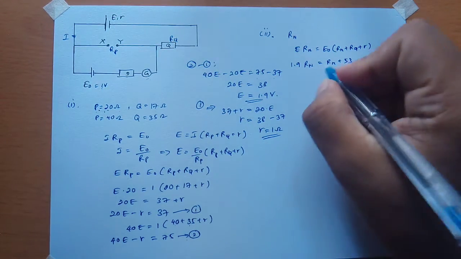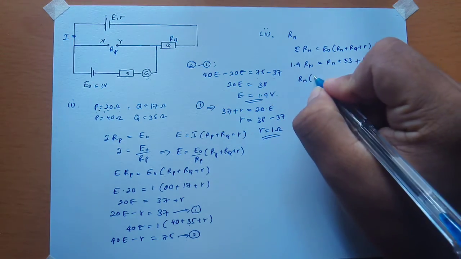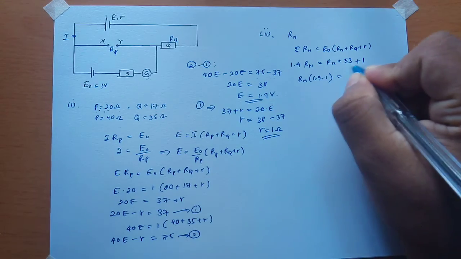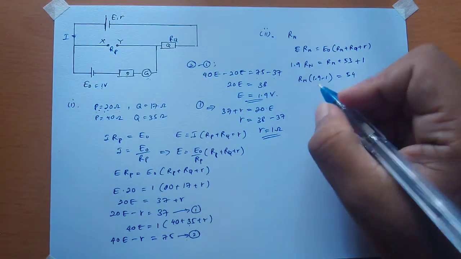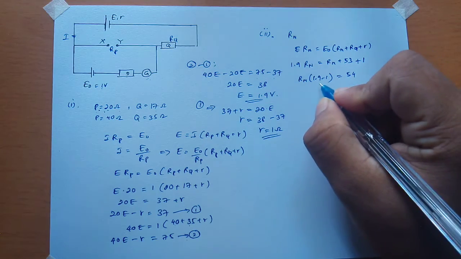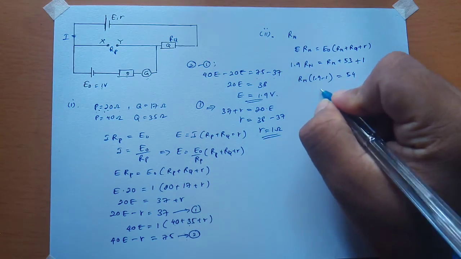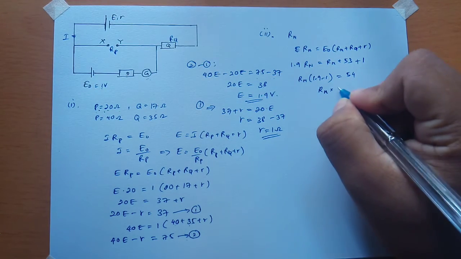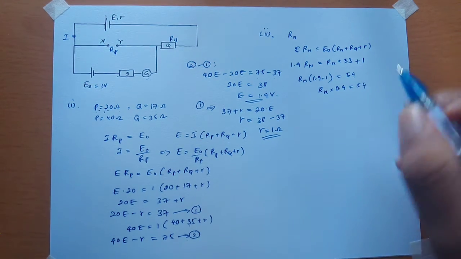So taking Rn to this side, we have 1.9 minus 1 is equal to 53 plus 1, 54. So we get here 0.9, no? So Rn × 0.9 is equal to 54.